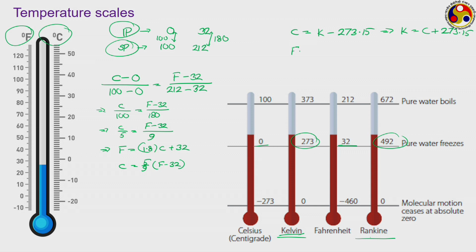Similarly, any value in the Fahrenheit scale will be equal to the corresponding value in the Rankine scale minus 459.67, or the value in the Rankine scale will be the value in the Fahrenheit scale plus 459.67.